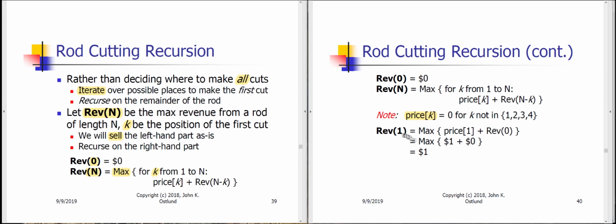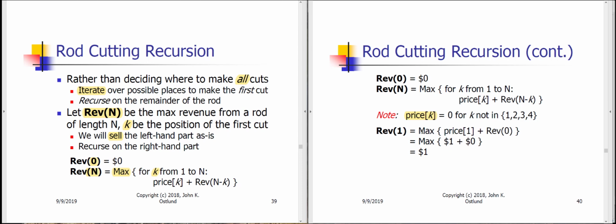All right? So let's suppose that what we get from our supplier is a 1 foot length of rebar. Well, we're going to iterate over all of the possible places that we can make the first cut. In our loop, with k going from 1 to n, n is 1. So the only place that we can make our first cut is at the end of the 1 foot piece that we have.